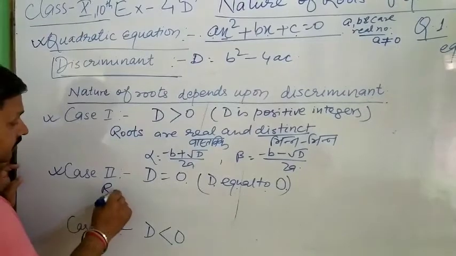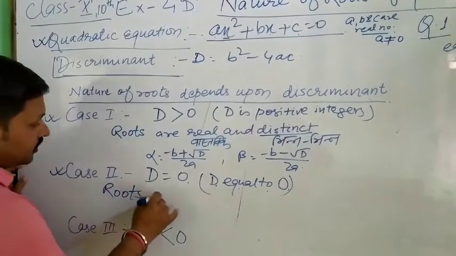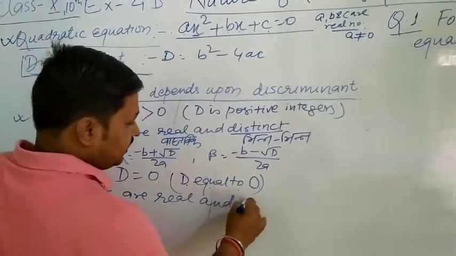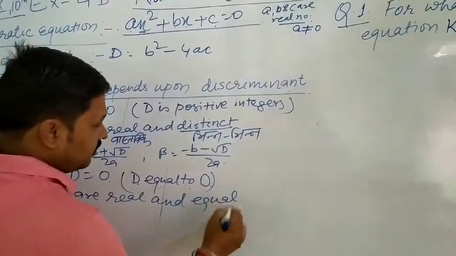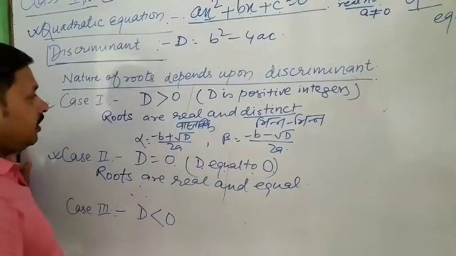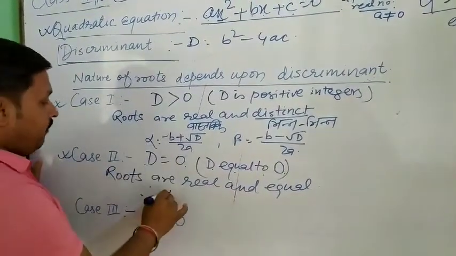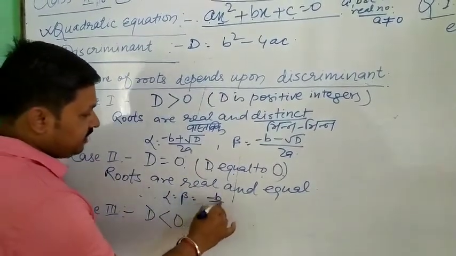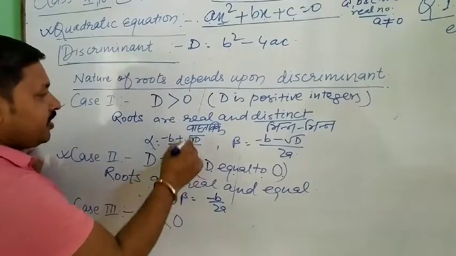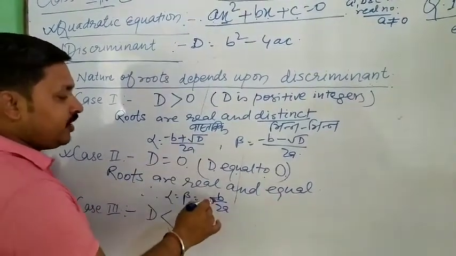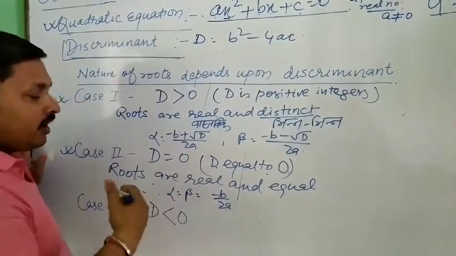So the roots are real and equal. So alpha equal to beta equal to minus b by twice a, because the result of D is 0, so when we add 0 to minus b, there is no effect on it.